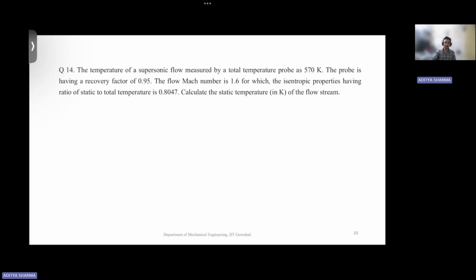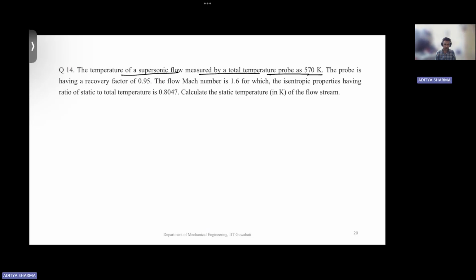So question number 14 says that the temperature of a supersonic flow measured by a total temperature probe is 570 Kelvin.